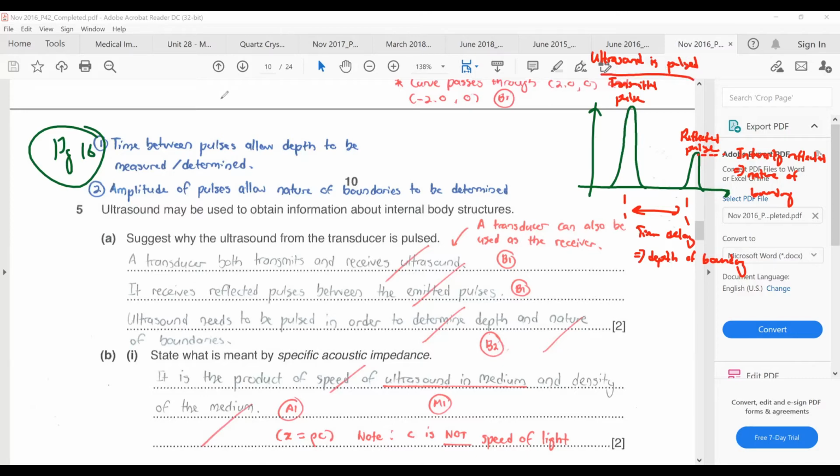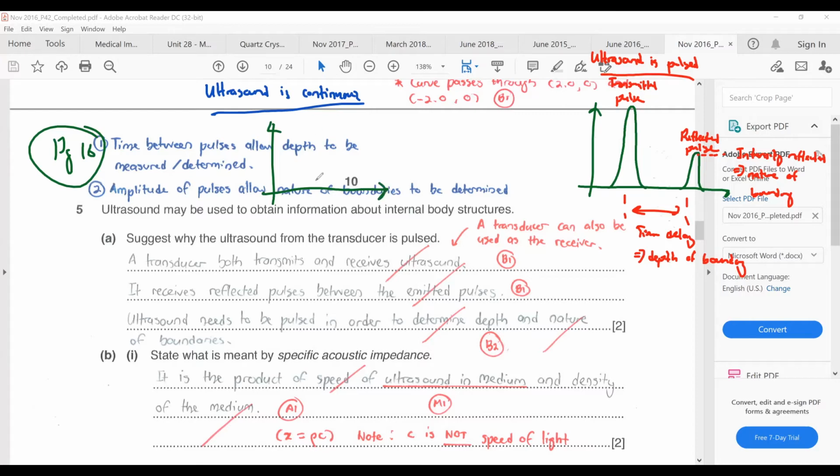What if your ultrasound is continuous? What do you think will happen? If your ultrasound is continuous, your graph will look like this. Let me just draw this.